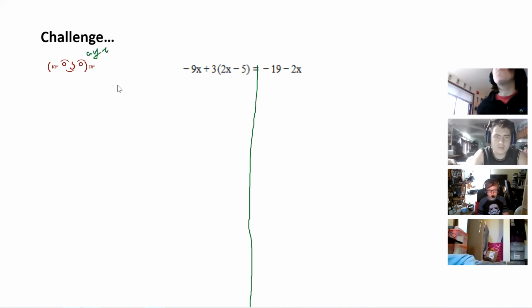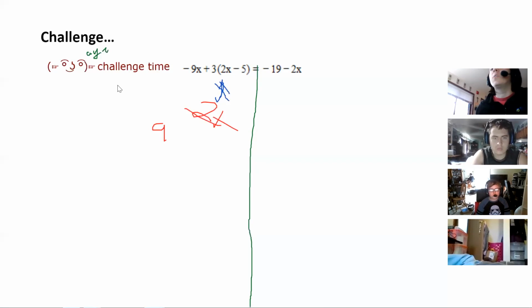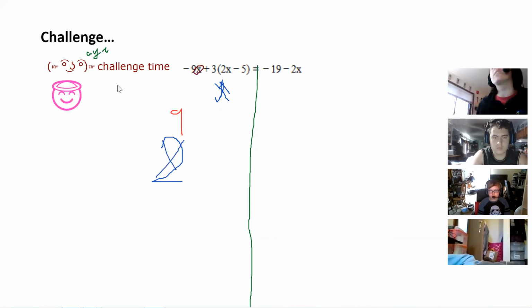Nanobrain. What are we going to distribute? What number? We're going to distribute to the 2x. Yes, we are, definitely. What are we going to distribute to the 2x?